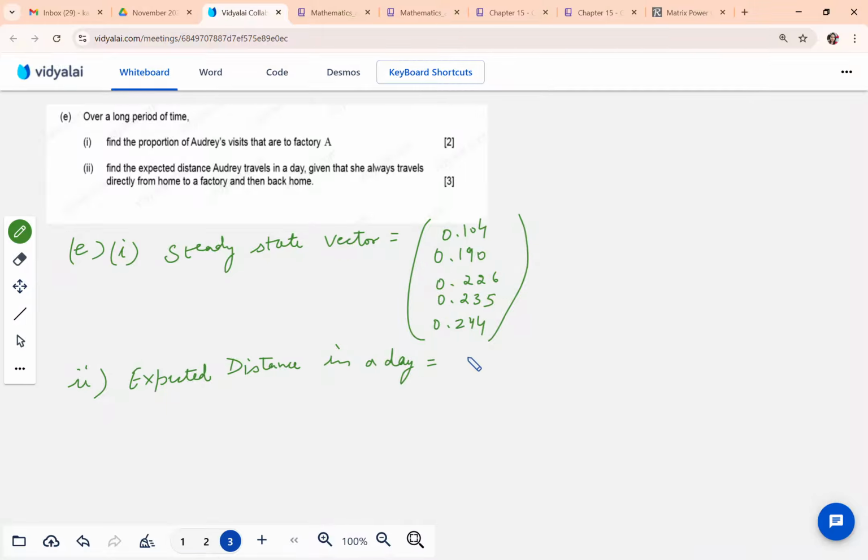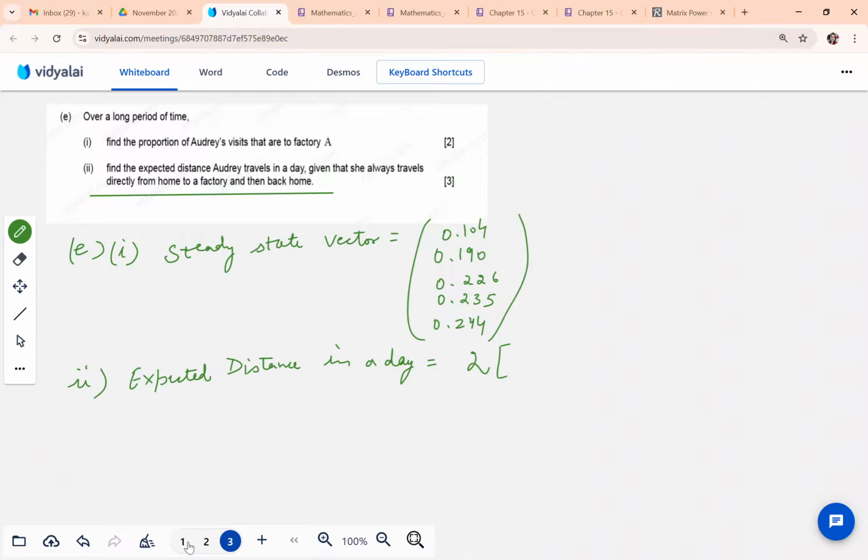that is equal to 2 times, because she will cover the same distance when she goes and comes. The probabilities we will be using are the steady state probabilities, because when it becomes constant, the probabilities are the same after some stage. So for A, it's 0.104, and it's expected when she travels directly from home to a factory and then back home.